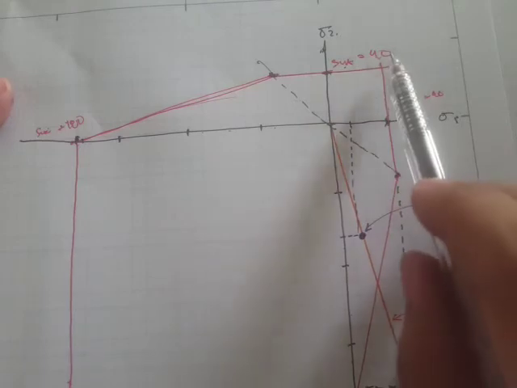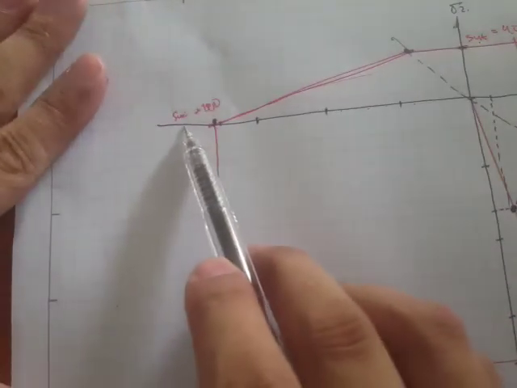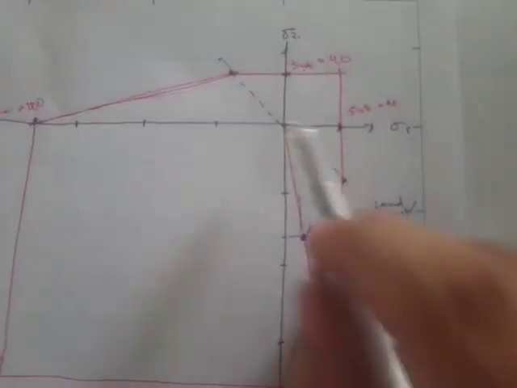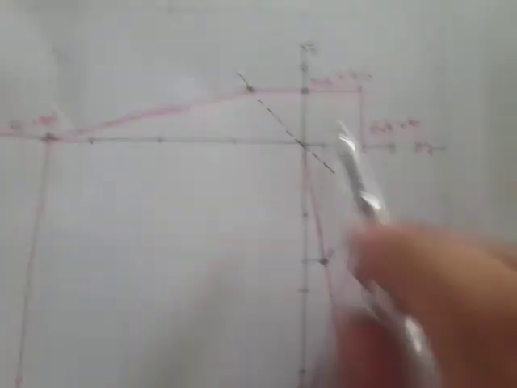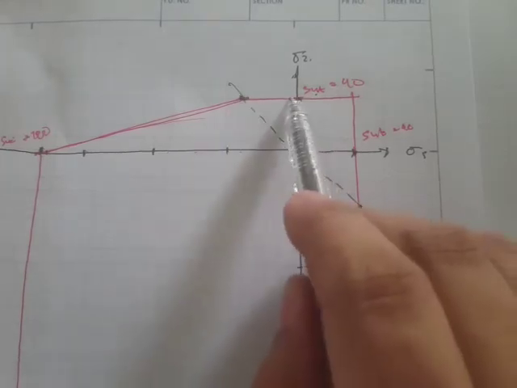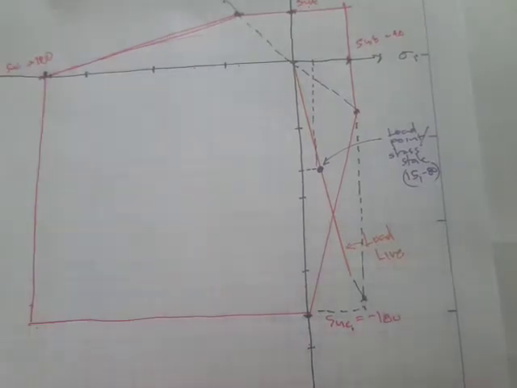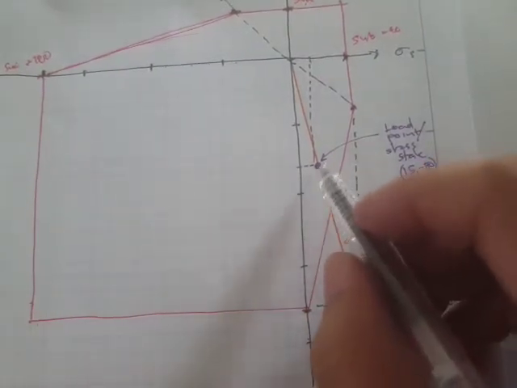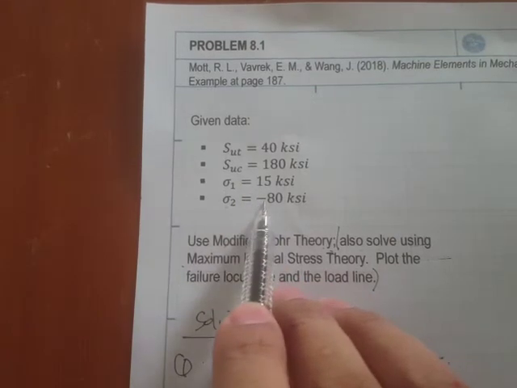So the SUT is 40, the ultimate strength in compression is 180. And we have this shear diagonal right here, and we extend this ultimate tensile strength to this line. And we plot the load point, or the stress state, which is 15 and negative 80.